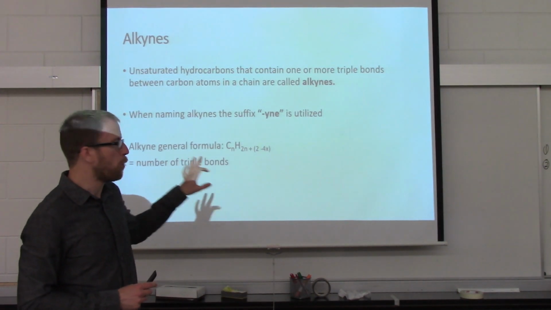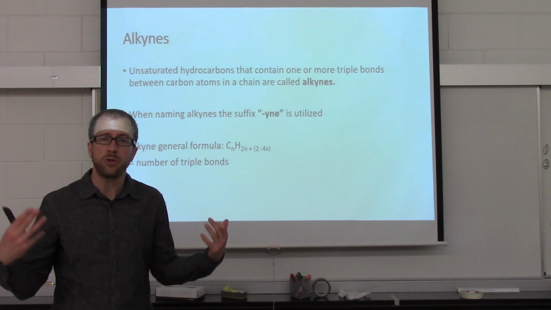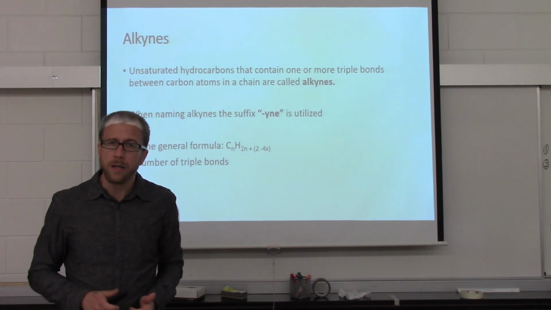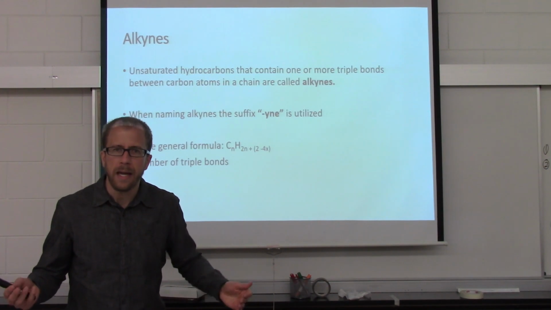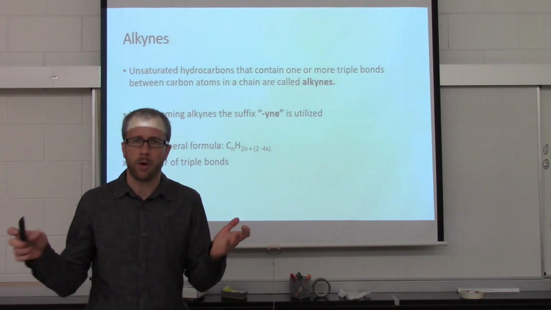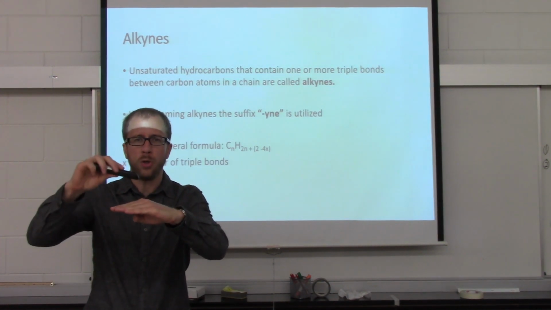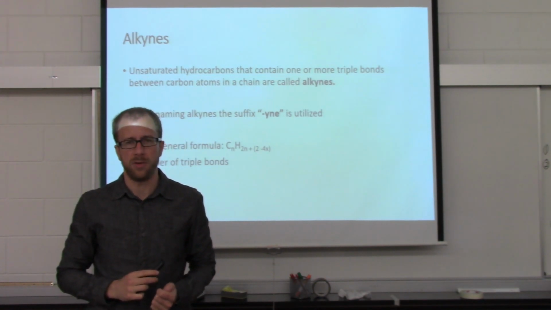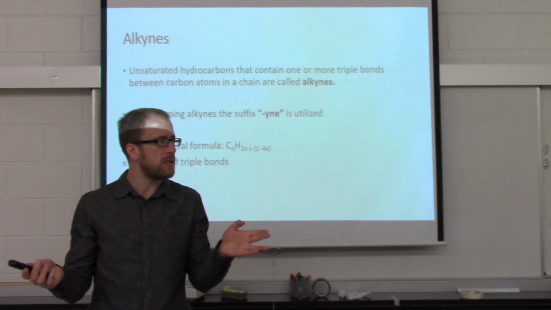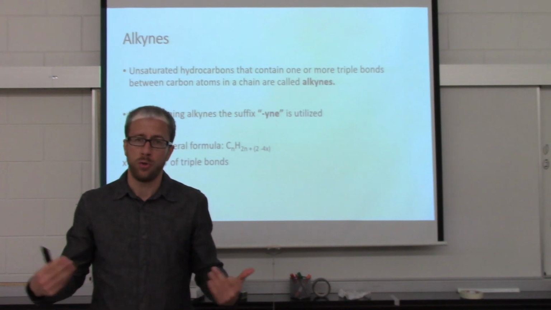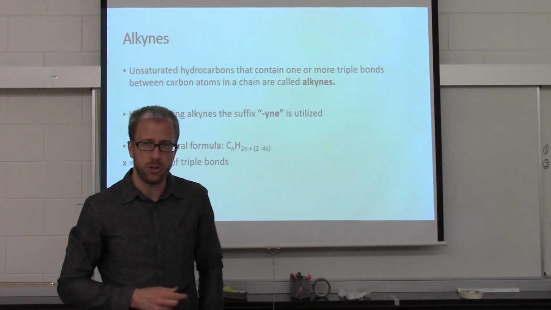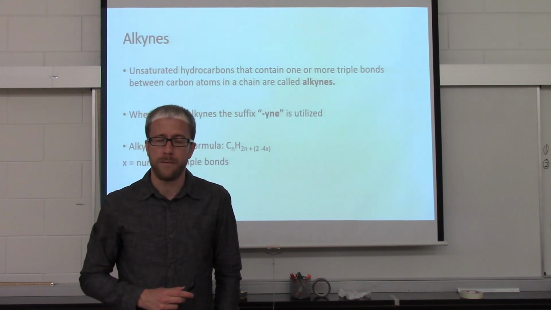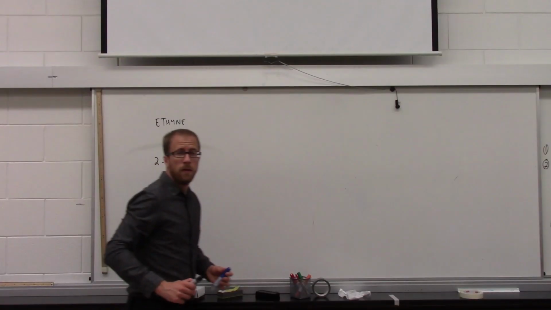Again, don't focus too much on that. Just know for each triple bond, how many hydrogens are you removing? Think about it. Now, instead of having just 1 carbon-carbon single bond, we have 1, 2, 3 covalent bonds. Each of those bonds is going to remove 2 hydrogens. So in total, in alkyne, you're removing 4 hydrogens for each of your triple bonds.